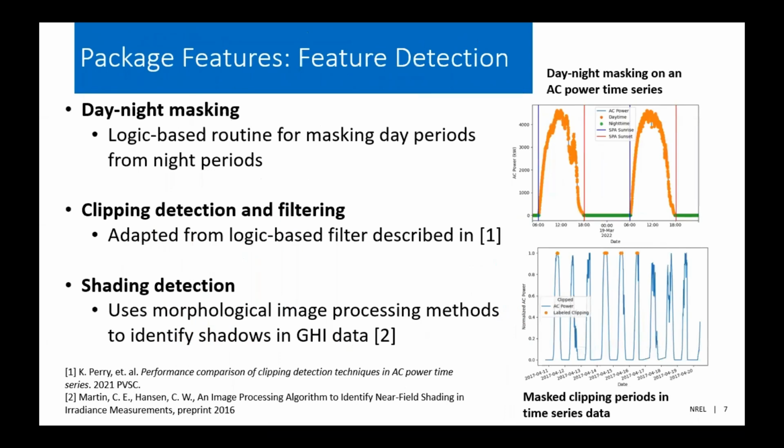Next up, we have feature detection capabilities in PVAnalytics. So we have a day-night masking algorithm. It is a logic-based routine for masking day periods from night periods. First of all, this may not seem like the most useful algorithm.